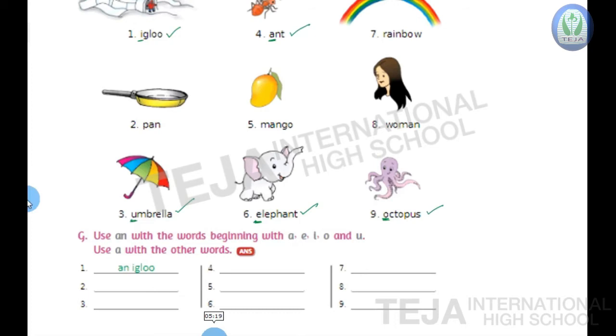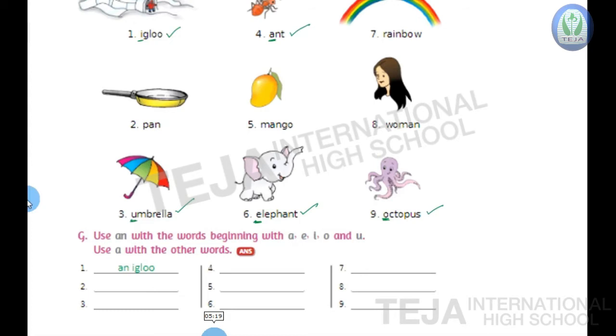Now here, igloo, umbrella, ant, elephant, octopus begin with the vowel letters, whereas pan, mango, rainbow, woman begin with the consonant letters. So a should be written before a consonant letter word. Here the first one is a vowel letter word.